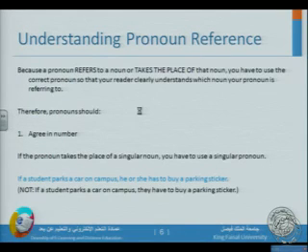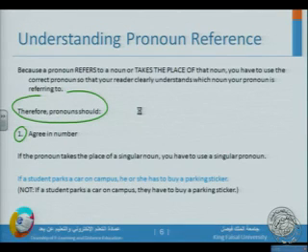Therefore, because the pronoun refers to a noun or takes the place of that noun, you have to use the correct pronoun so that your reader clearly understands which noun your pronoun is referring to. فالآن عشان نفهم في خلال كتابتنا وقراءتنا ويفهمون الآخرين لابد أن نستخدم البروناونز الضمائر استخدام صحيح. كيف ممكن نستخدم استخدام صحيح؟ لازم يكون pronouns should agree in number with nouns.